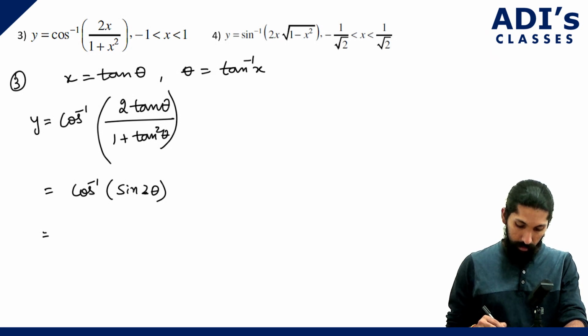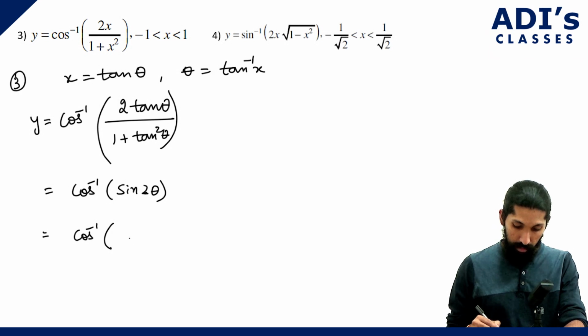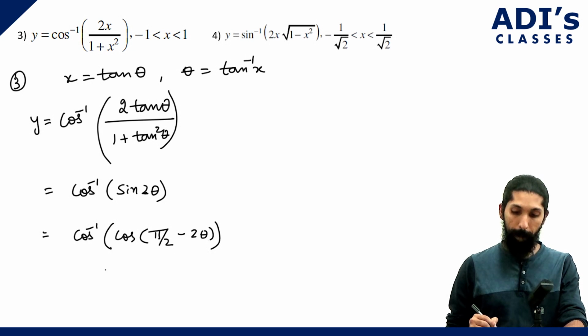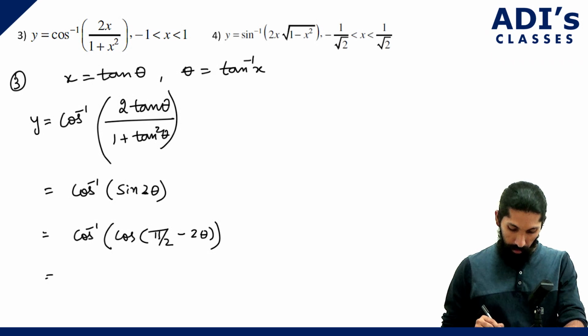You can write this as cos inverse of sine 2 theta, which you can write as cos inverse of cos of pi by 2 minus 2 theta. Alright. So you'll get pi by 2 minus 2 theta as the value of y.